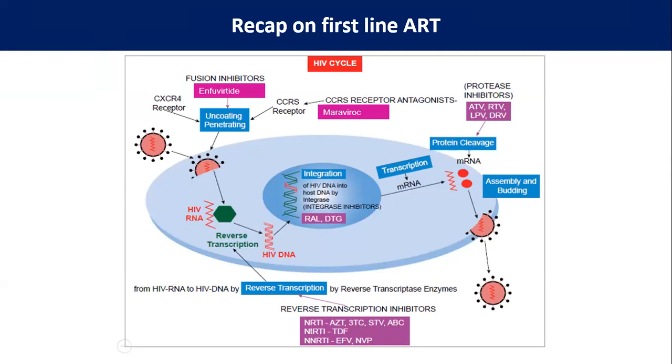First, based on the tropism of the HIV virus, they get attached to the CCR5 receptors on the surface of the CD4 cells of the host. This is primarily done by the M-tropic virus, while the T-tropic virus gets attracted towards the CXCR4 receptor on the CD4 cell surface.